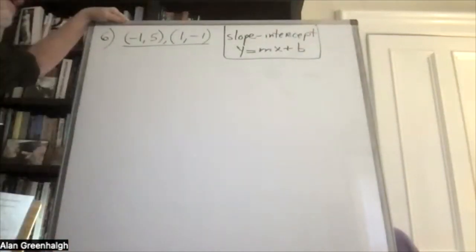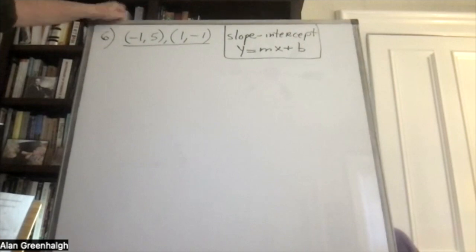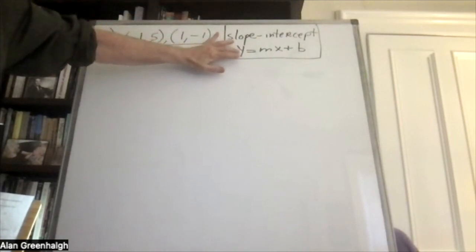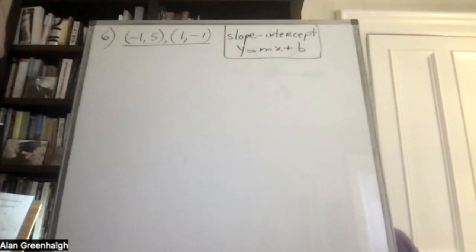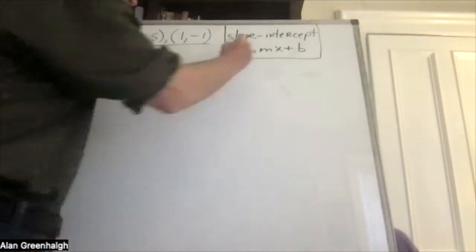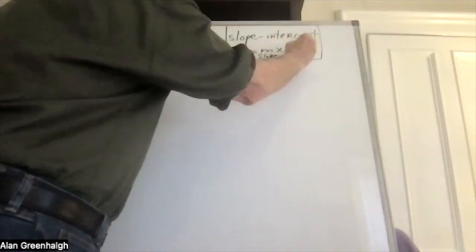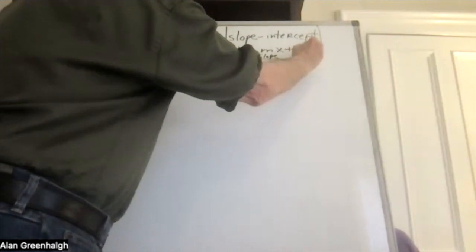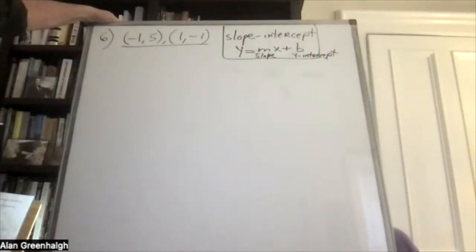This is the slope intercept form of a straight line, and that's the general equation we're going to use to do this problem. In this formula, the m represents the slope and the b represents the y-intercept.